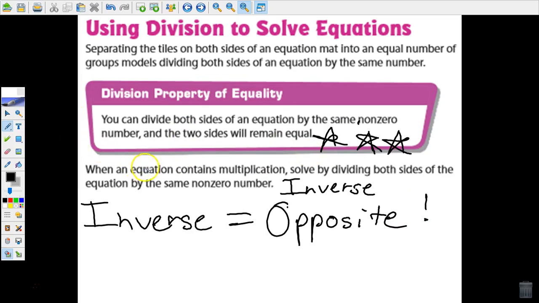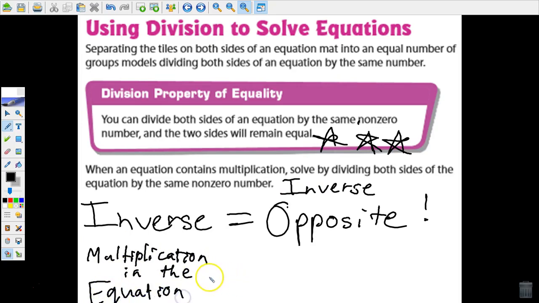Okay, when an equation contains multiplication, solve by dividing both sides of the equation by the same non-zero number. So, multiplication in the equation, then you go ahead and solve with division.